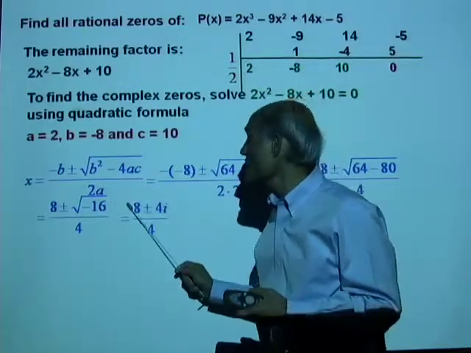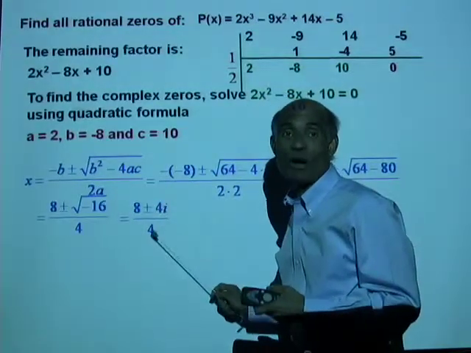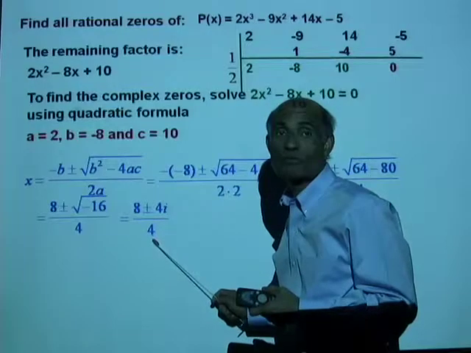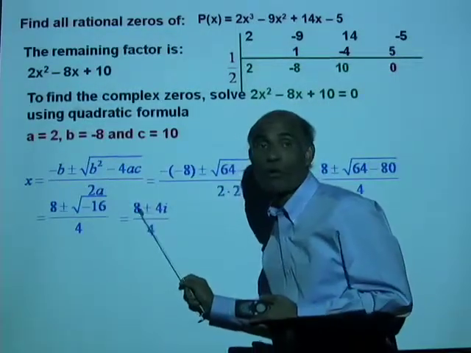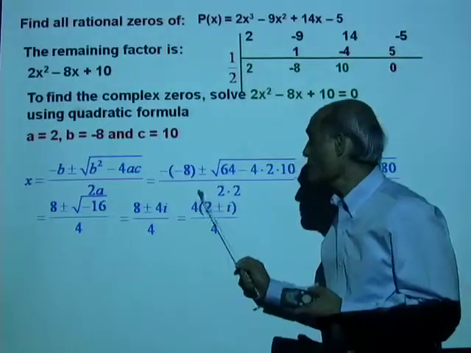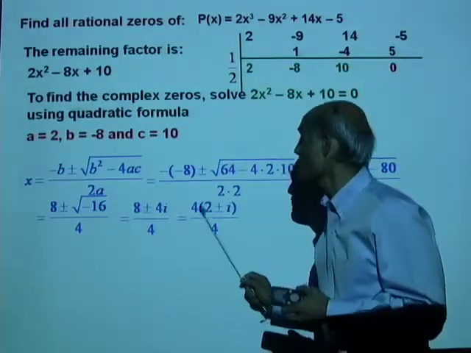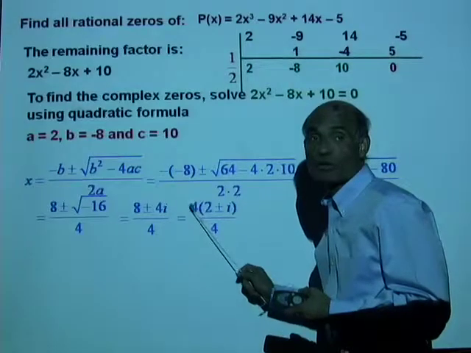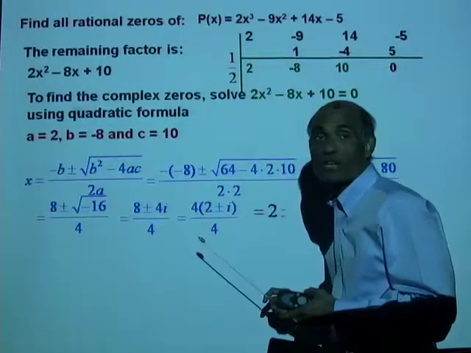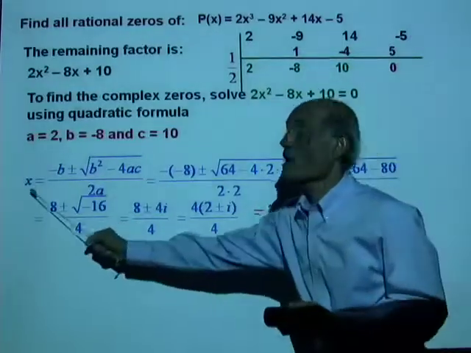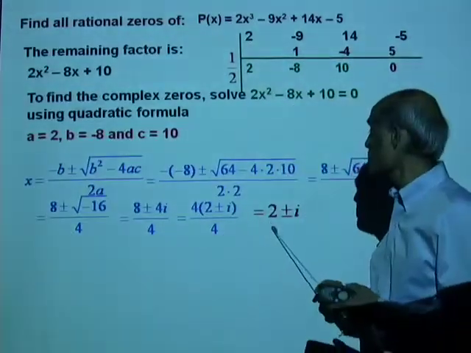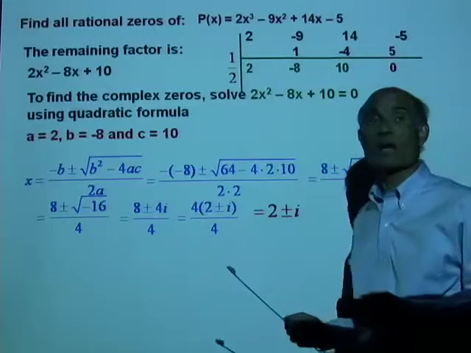So that will be 8 plus or minus 4i divided by 4. And in the numerator you can factor out a 4. Is that right? That will be 4 times 2 plus or minus i over 4. The 4 and 4 conveniently cancel. So the results are x equal to 2 plus or minus i.